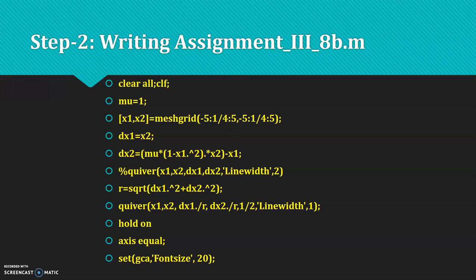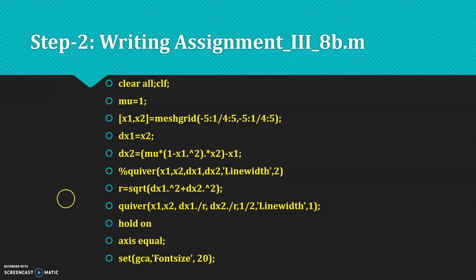There is no such suggestion. Once I executed the program, I saw the output and made the necessary changes. Next, I have written the corresponding x1 dot and x2 dot equations.